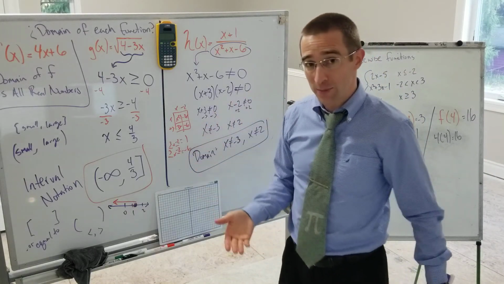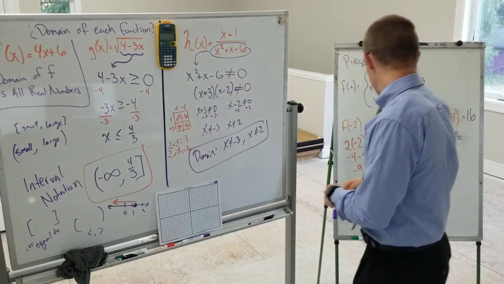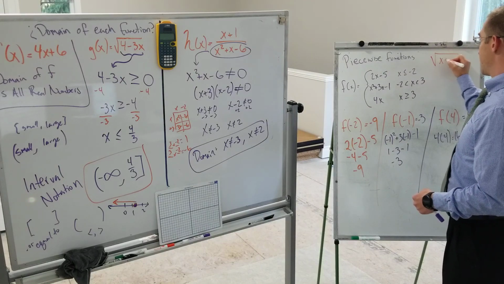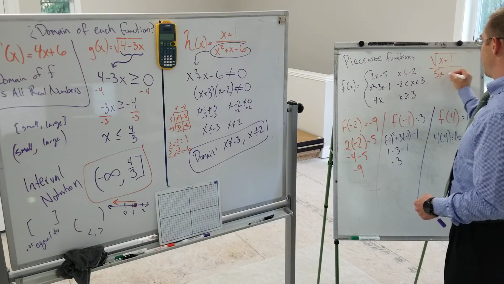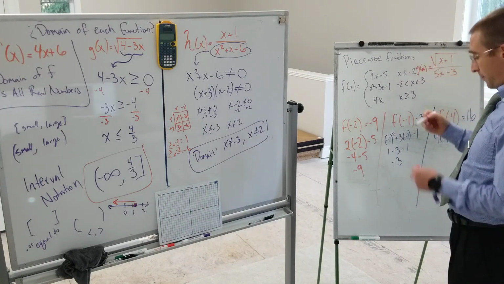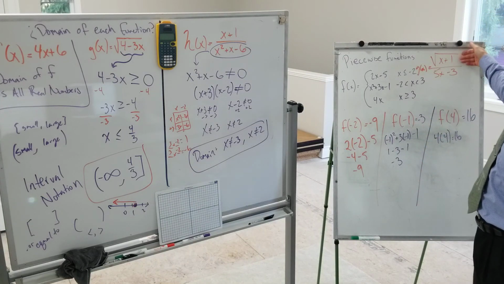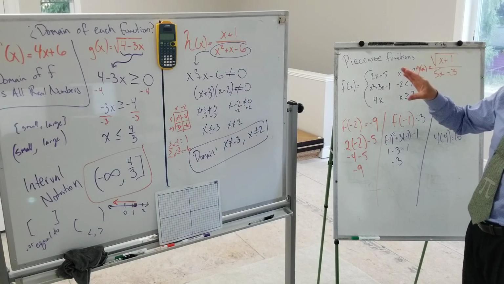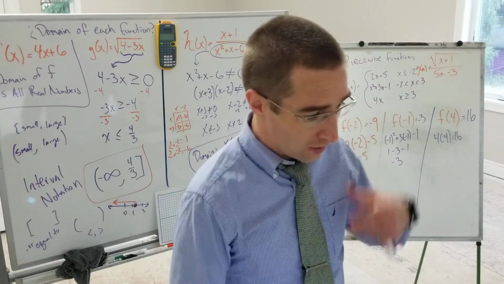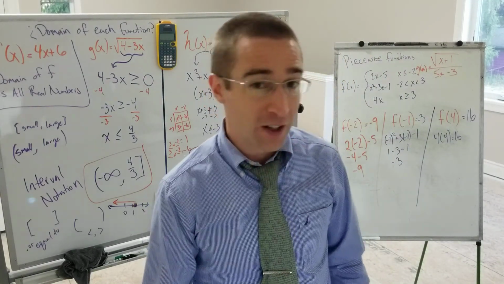Now it's possible you could have something like the square root of x plus 1 over 5x minus 3 as your function, g of x, let's say. So here you got two things. You got to make sure this x plus 1 is always greater than or equal to 0, and that 5x minus 3 is not equal to 0. So you'll have to play with that a little bit. That's some fun in the homework.